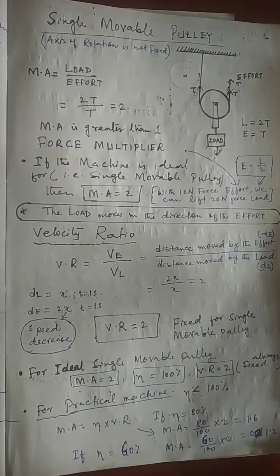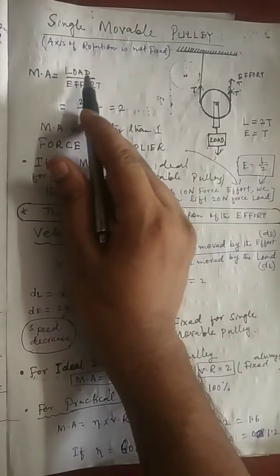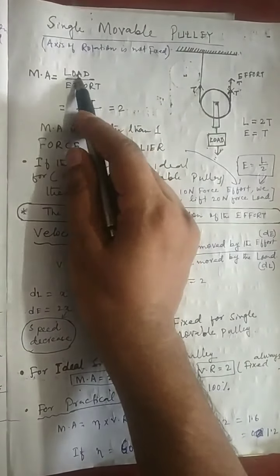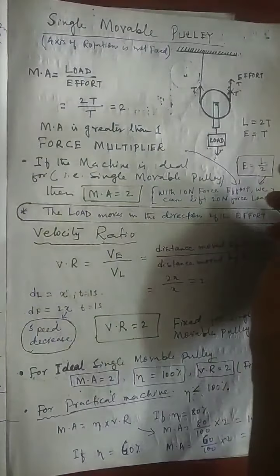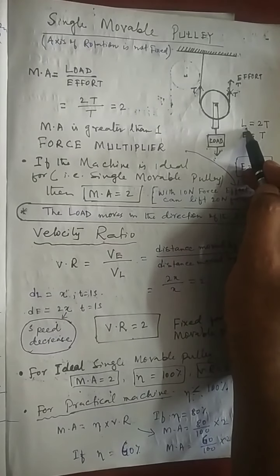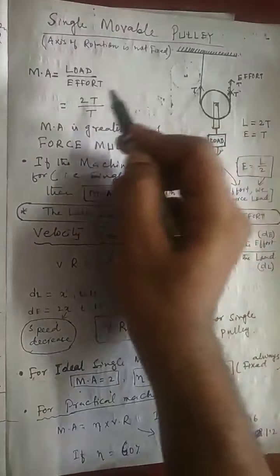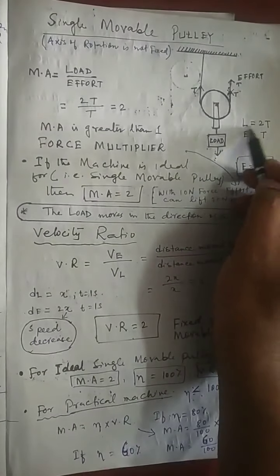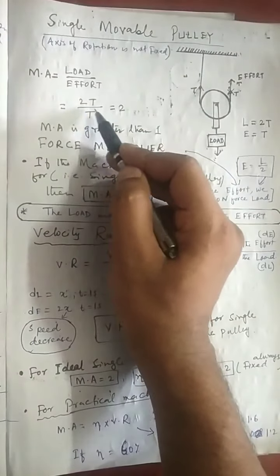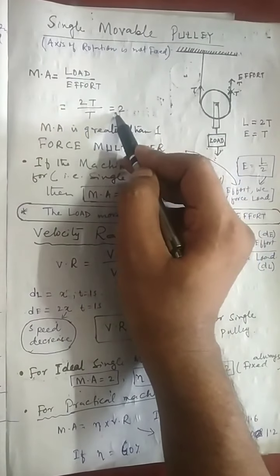Now what is the mechanical advantage of a single movable pulley? We know the formula for mechanical advantage is load by effort. Here load L equals 2T, just put the value 2T, and effort equals T. So this T and T will cancel, and we get the value 2.